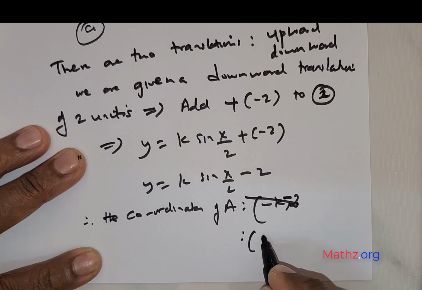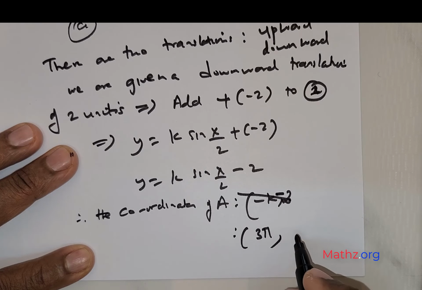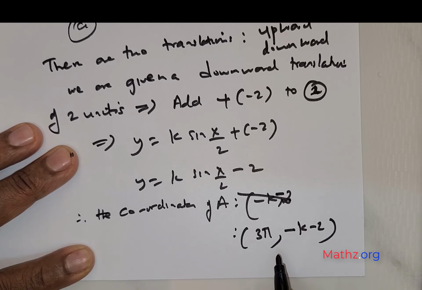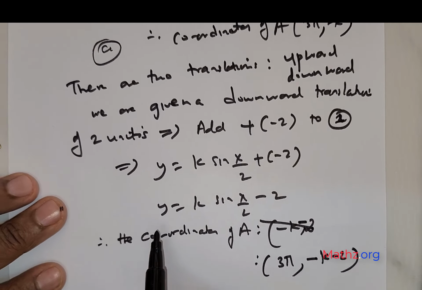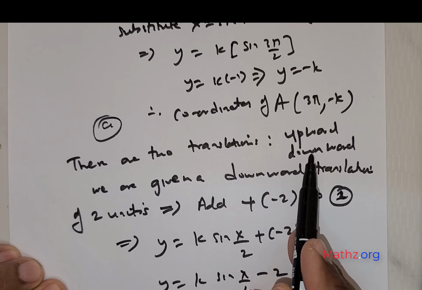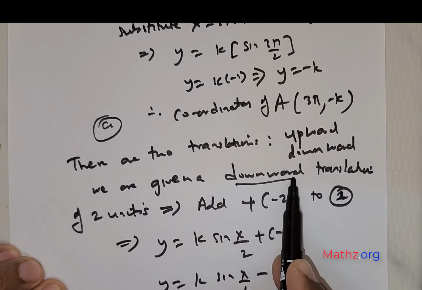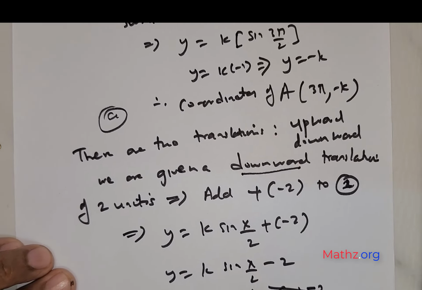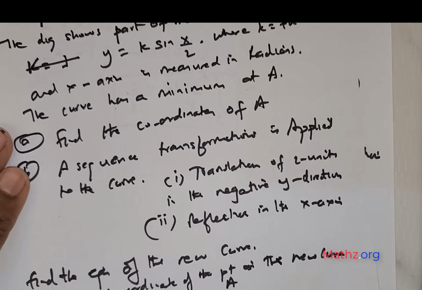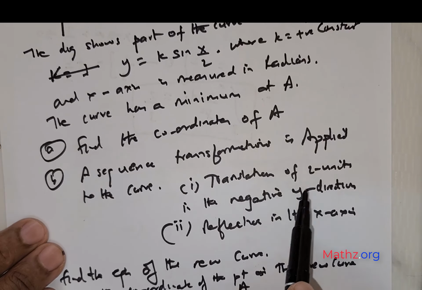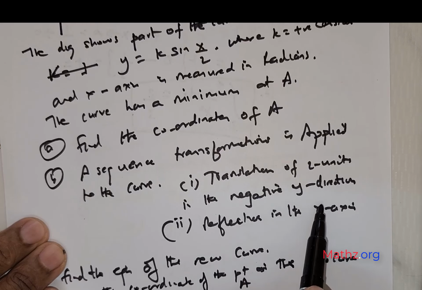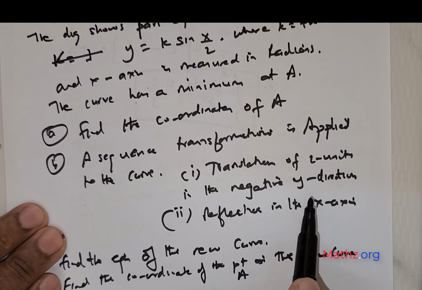So coordinates of A would be 3 pi comma negative k minus 2, for the translation which is directed downwards. Right, so this is the first part. A sequence of transformations are applied. The translation of 2 units in the negative direction for y.